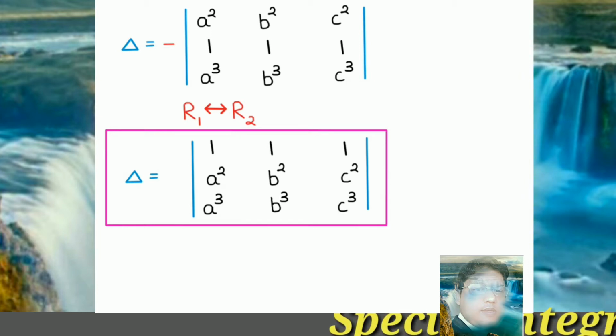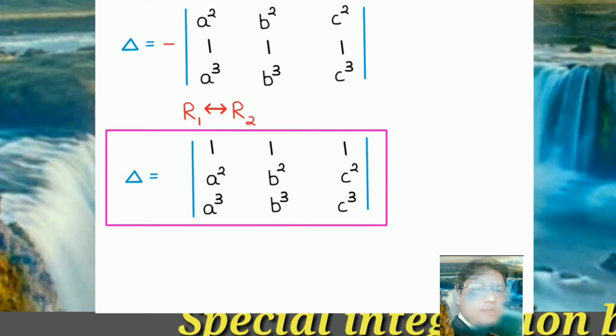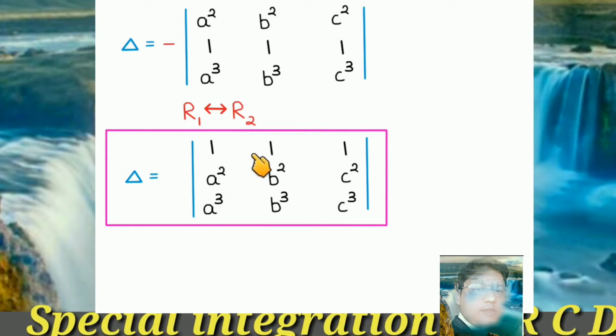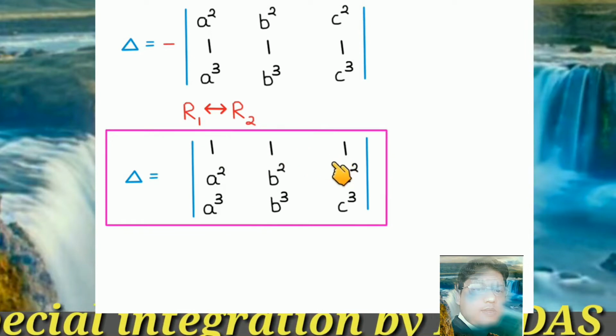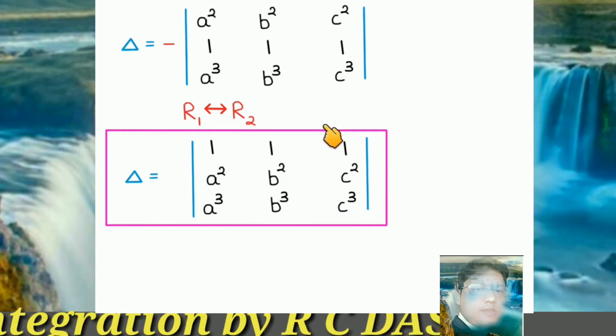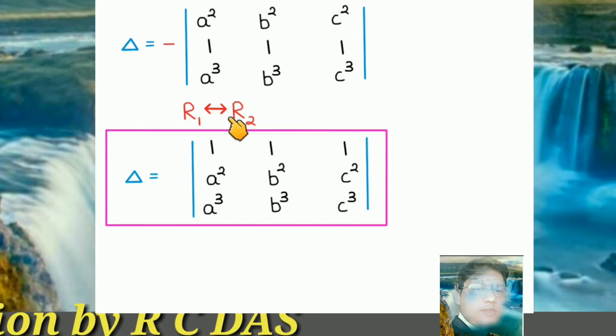Next, I have to find the right side from these terms. Since I have to get the right side from this term, I have to get the maximum number of zeros, so I operate C1 minus C2.